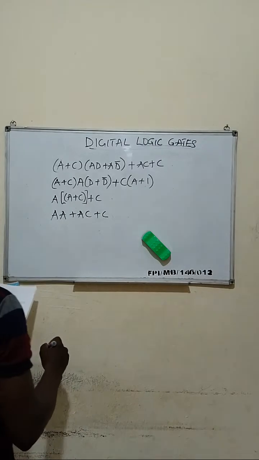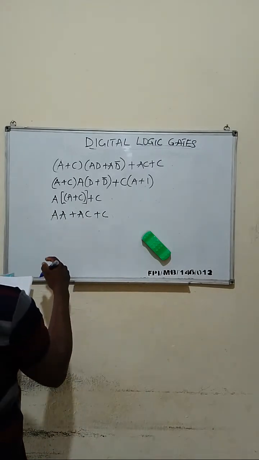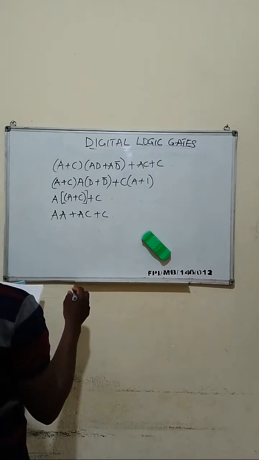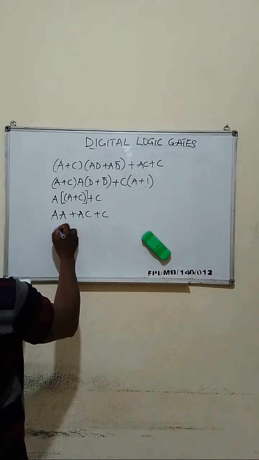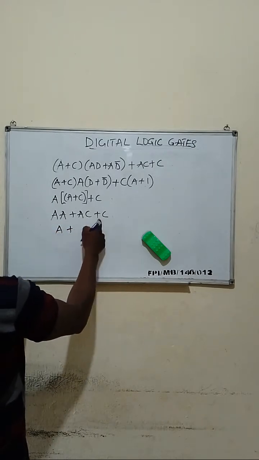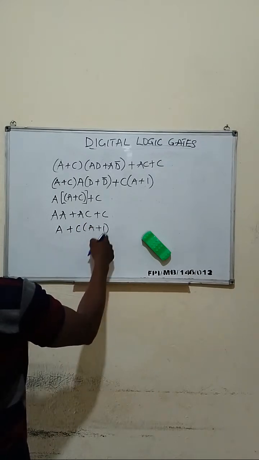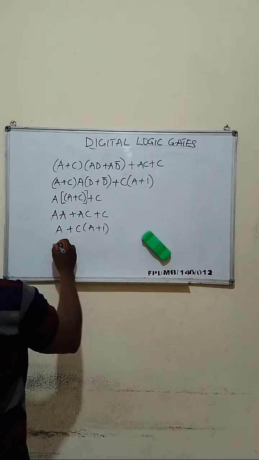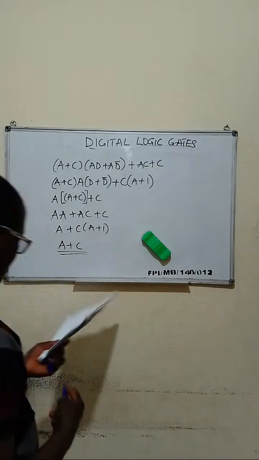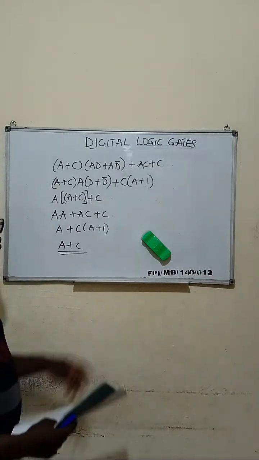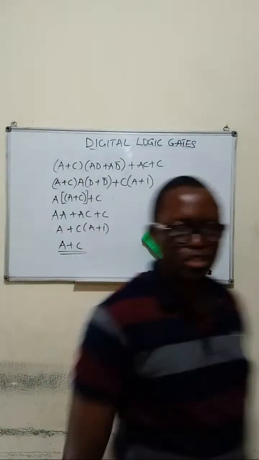Okay? And then when you have this, A dot A is A, and C can be factorized out. C into A plus 1. So A plus 1 is actually 1, 1 dot C, and the final answer will be A plus C. A plus C. Alright, if you check the notes, this one is represented as T, true.